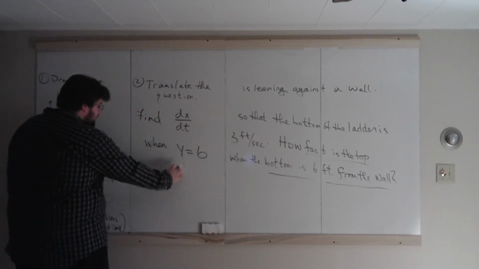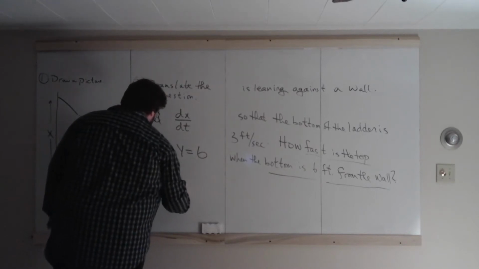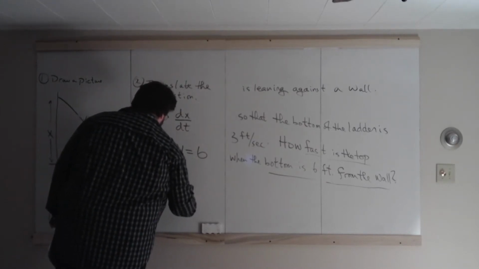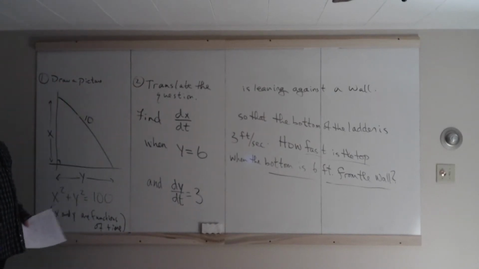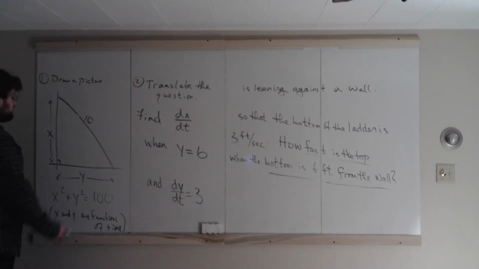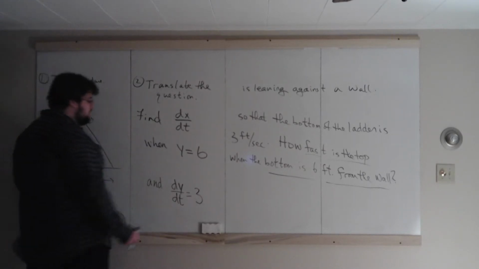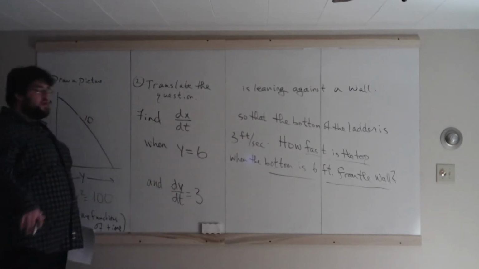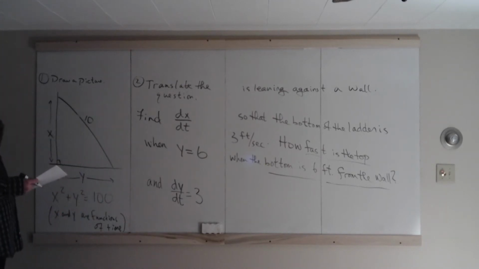I'm going to leave a gap here. And I'll say, the bottom of the ladder is moving at 3 feet per second, so y is changing at a rate of 3 feet per second. So dy/dt is 3 feet per second. I'm not going to write units right here.